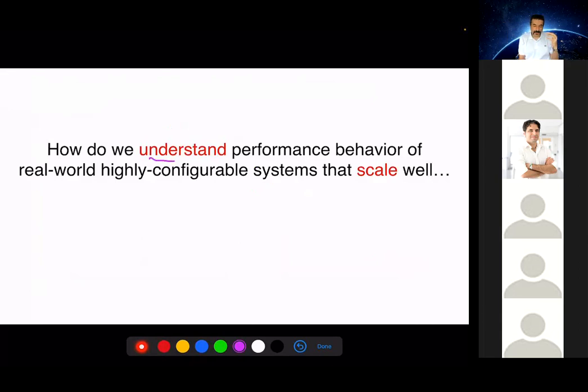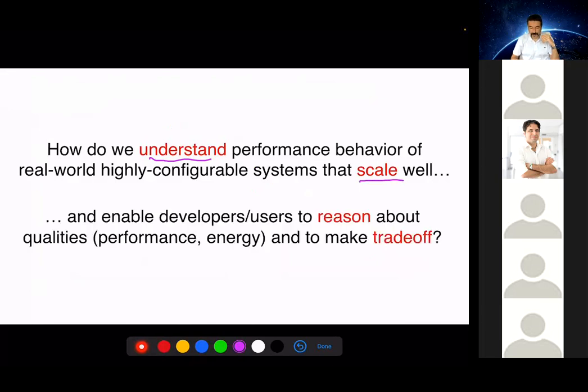For example, they would like to understand the performance behavior of such systems, especially at scale in a massive configuration space, and they want to be able to reason about these configuration changes and make some trade-offs, right?